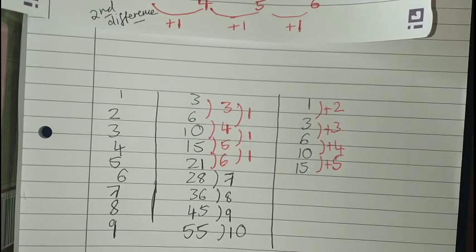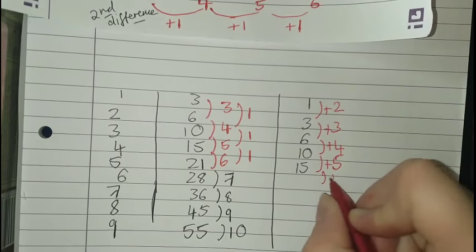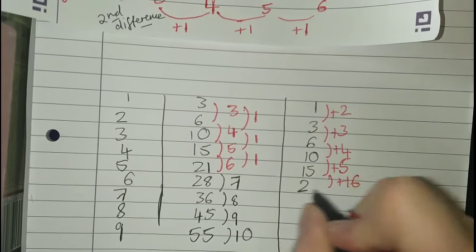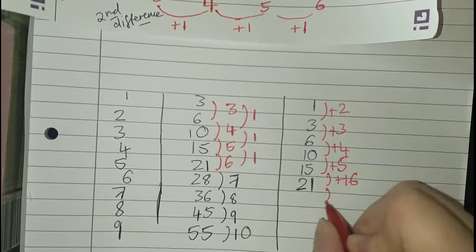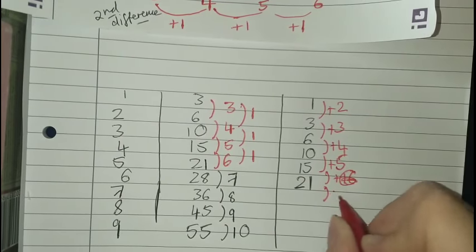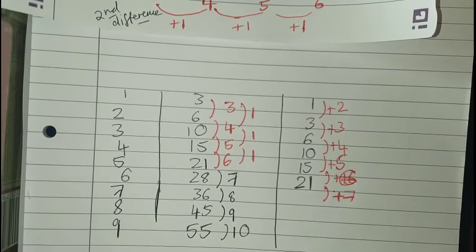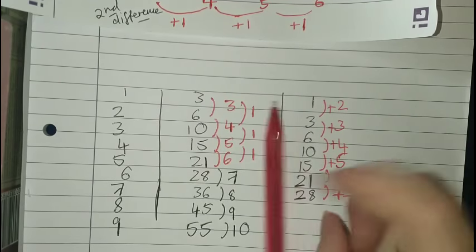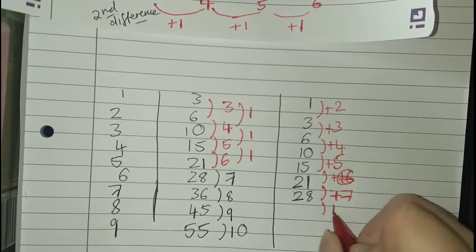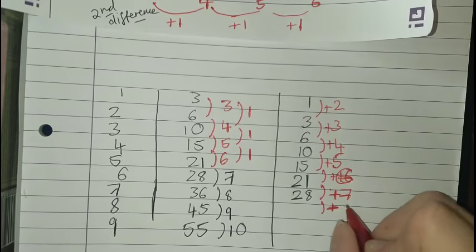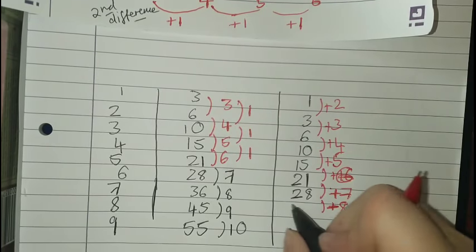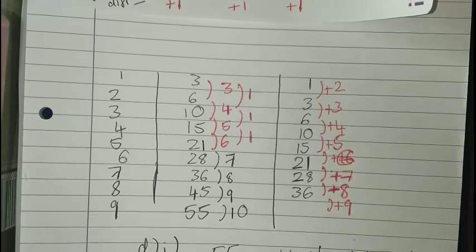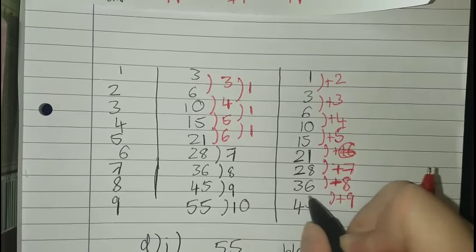So to get to the next one, it's going to be +6, so it's going to be 21. Then +7, so it's going to be 28, and then +8, so that will give us 36, and then +9, which will give us 45.